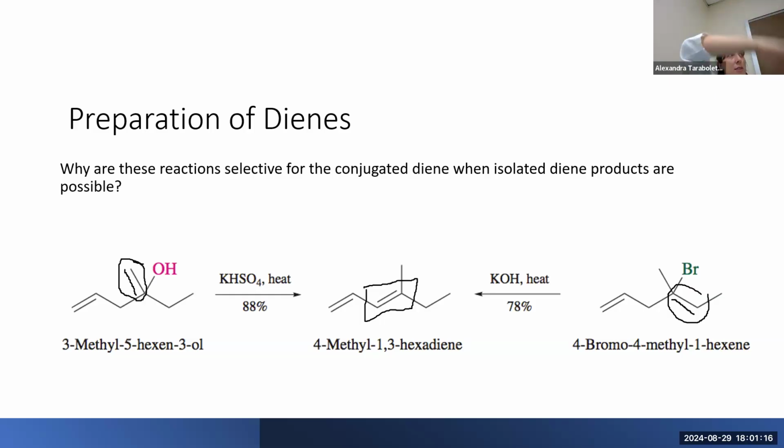Could have eliminated on that methyl group that was up, could have eliminated to back behind it. Technically, those are all potential eliminations. But why is what you're seeing in the middle, which forms this conjugated diene, why is this what is mostly selected for? Why do you think?